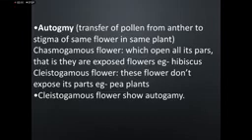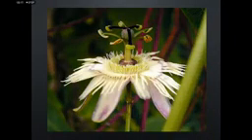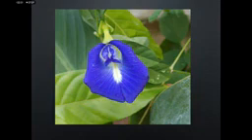That means autogamy is the transfer of pollen grains from anther to stigma of the same flower in the same plant. Here, this picture represents a chasmogamous flower. Here you can see the anther and stigma which are exposed, while in this picture you can't see the anther and stigma because they are covered by the corolla itself.